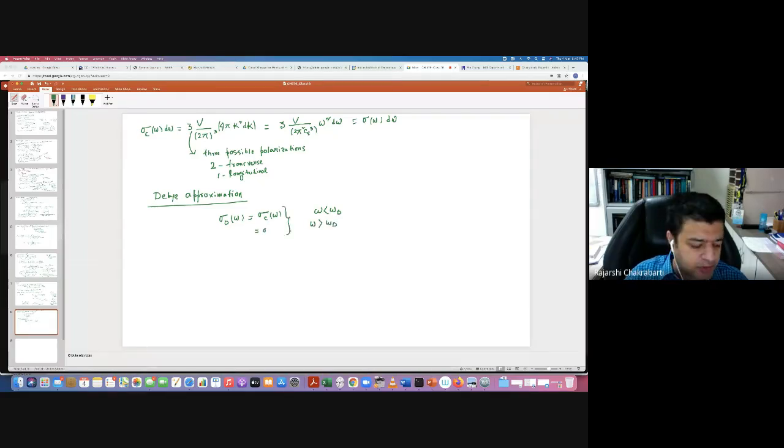If I plot this, you will see it has omega square behavior, and then suddenly it becomes 0 at omega d. So this is your Debye frequency spectrum, the one I've written here. Is this clear?